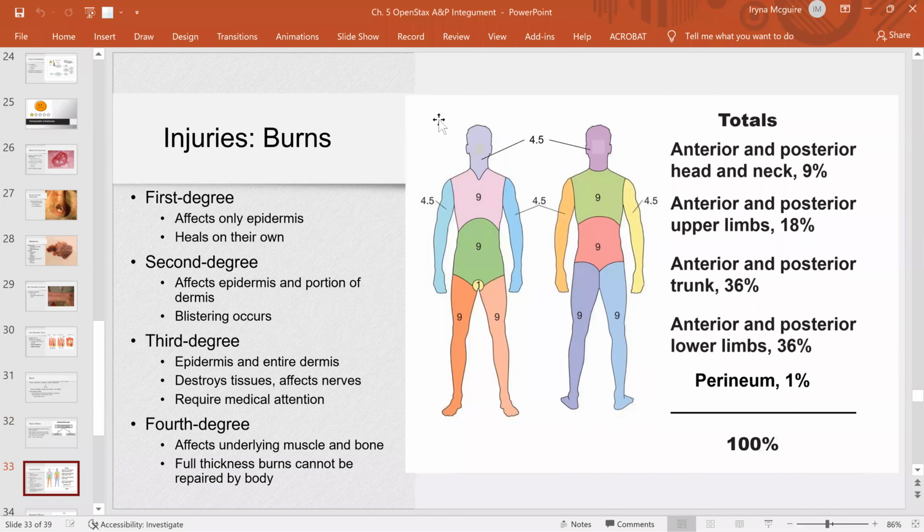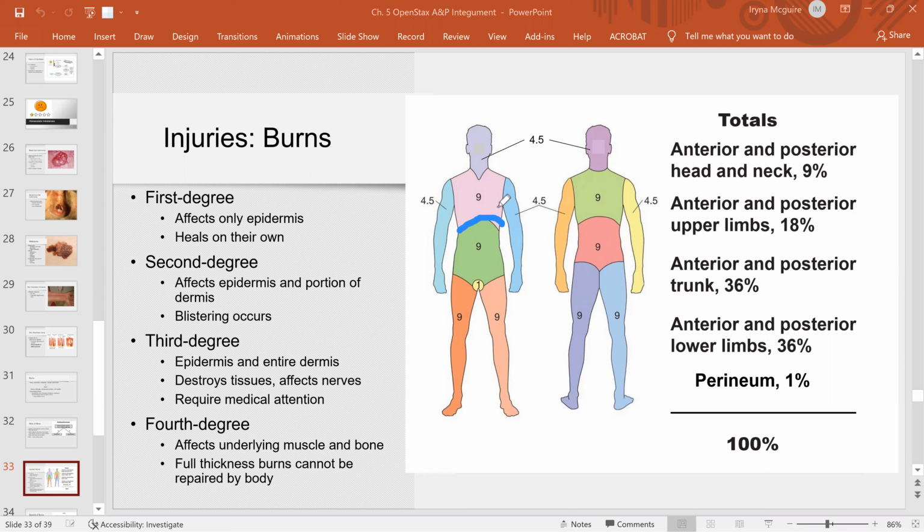So your body, we call it the rule of 9 because your body is divided into parts, and each part is either 9% of your surface or half of 9, so 4.5%. So if you look at the trunk, right?